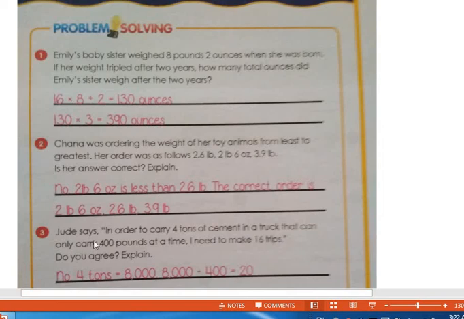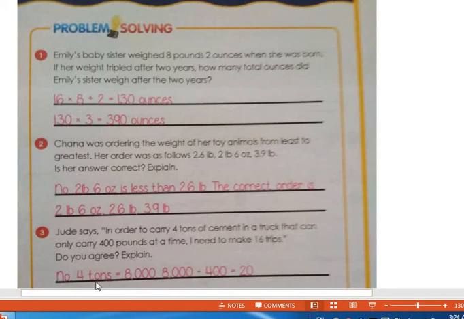Jude says, in order to carry 4 tons of cement in a truck that can only carry 400 pounds at one time, I need to make 16 trips. What do you think? Do you agree or not? So what should I do now? I want to convert the 4 tons into pounds.